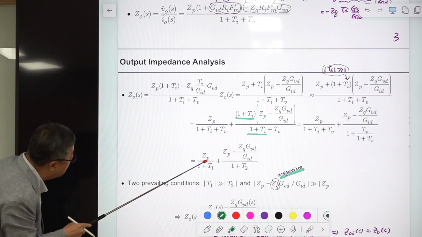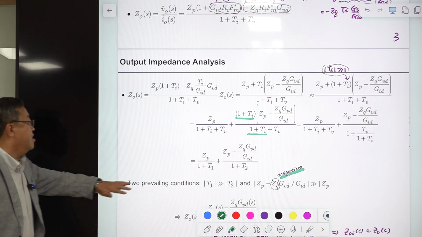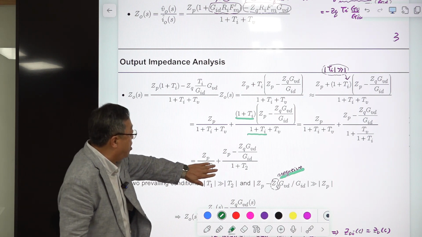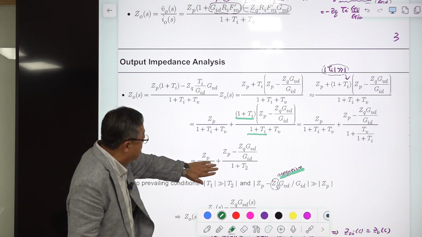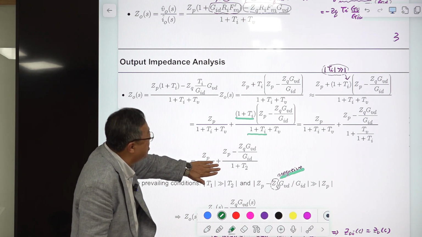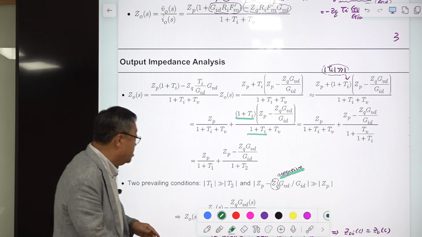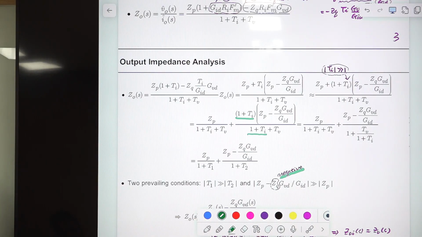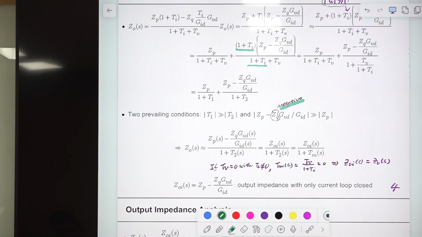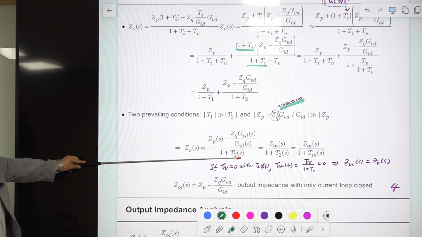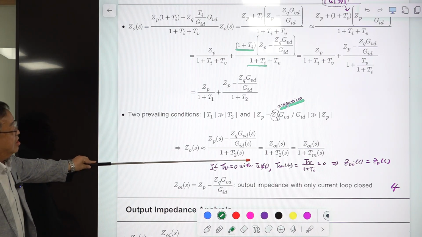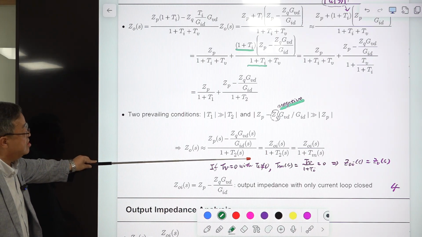So in the numerator, this one is much larger; in the denominator, this one is much larger. Then you ignore this. Then you have the final expression of this. This is the expression for the output impedance.